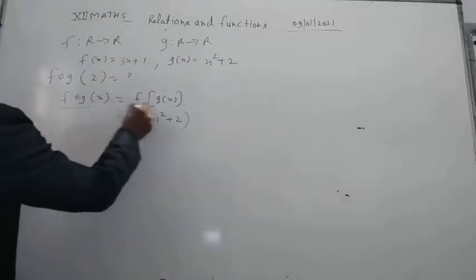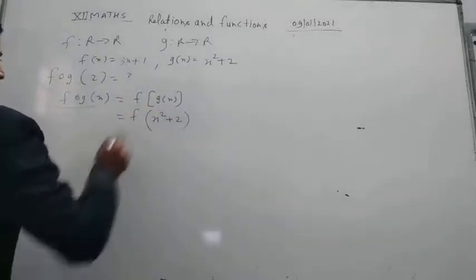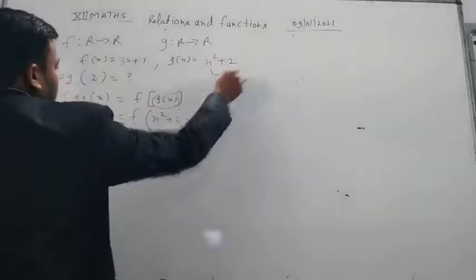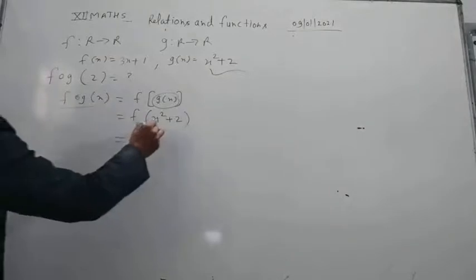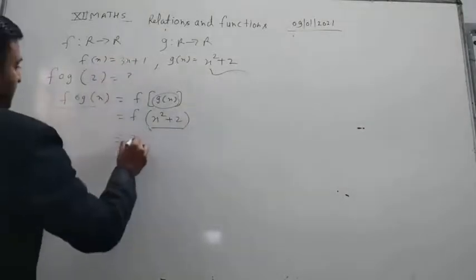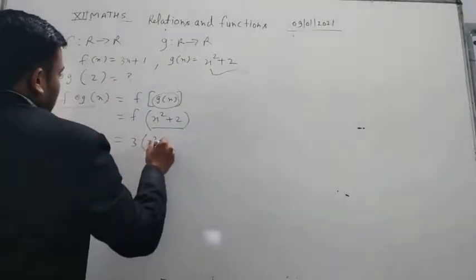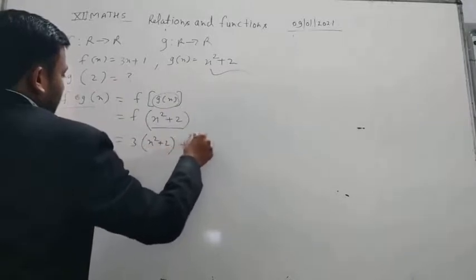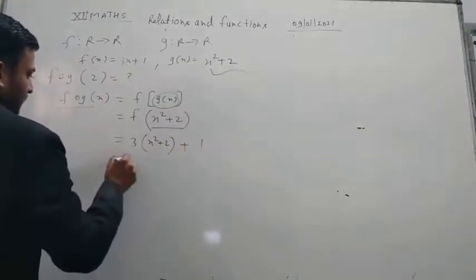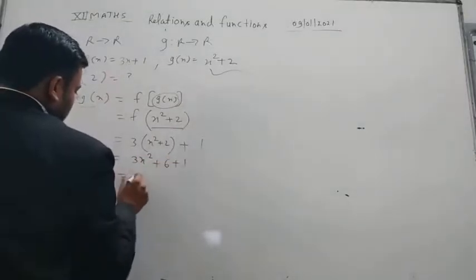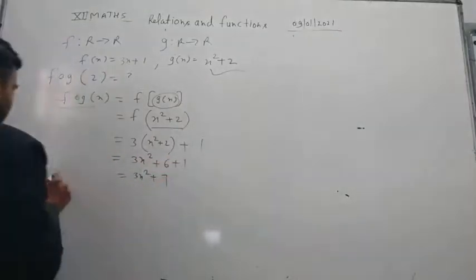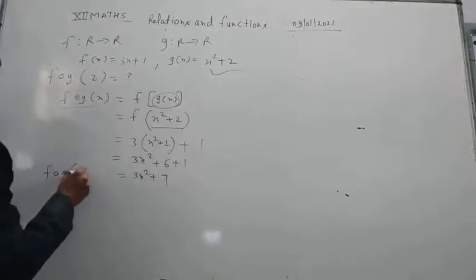So we replace this. Now this is our x, and f(x) is 3x plus 1, so it becomes 3 times (x square plus 2) plus 1. This can be done as 3x square plus 6 plus 1. So 3x square plus 7 is fog of x.